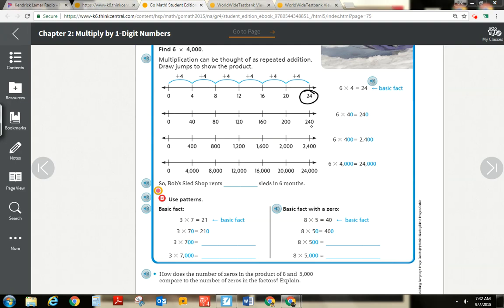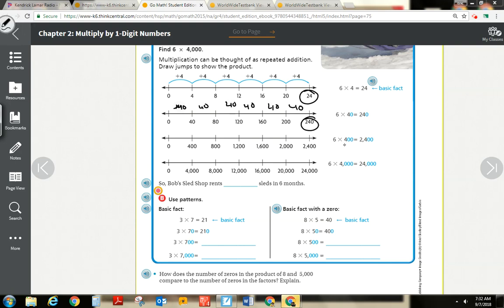We can also see in 6 times 40, we're going to do 6 jumps of 40. So that's plus 40, plus 40, plus 40, plus 40, 40, 40. 1 jump, 2 jumps, 3 jumps, 4 jumps, 5 jumps, 6 jumps. There we go.